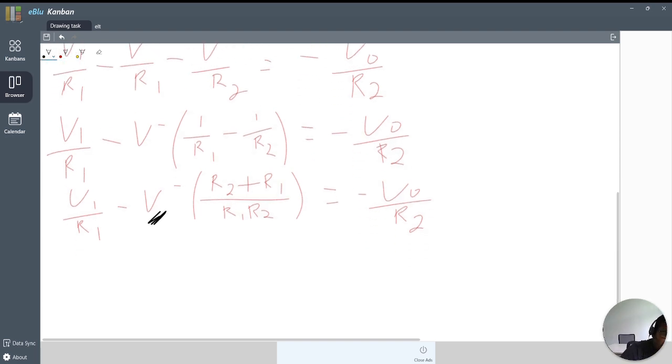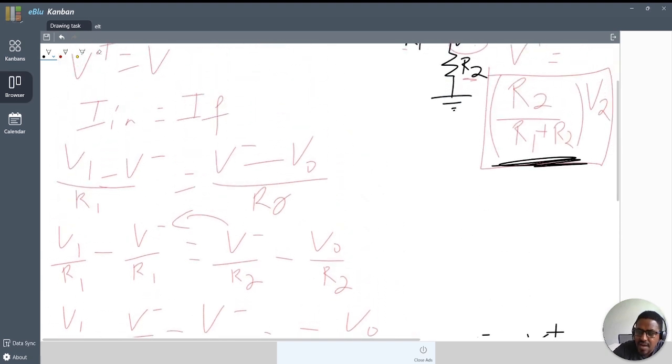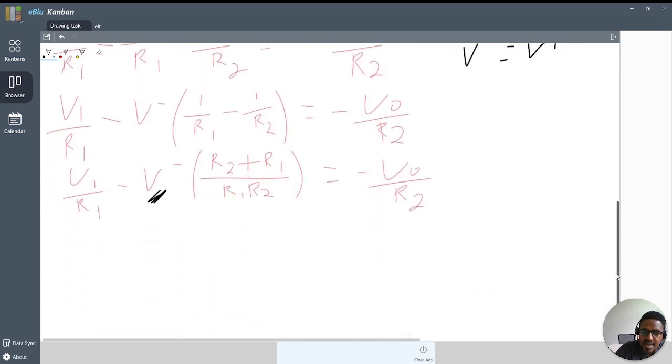V inverting means, according to the virtual ground short circuit, V inverting is equal to V non-inverting. So our V non-inverting, we get this value. So substitute the V inverting by V non-inverting.